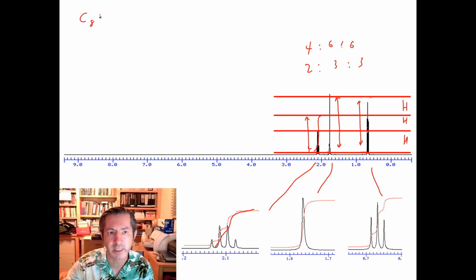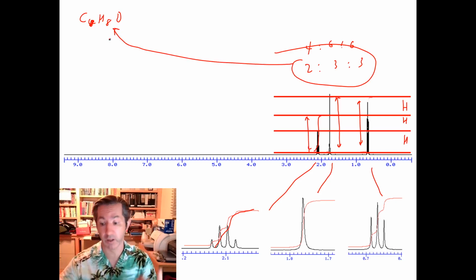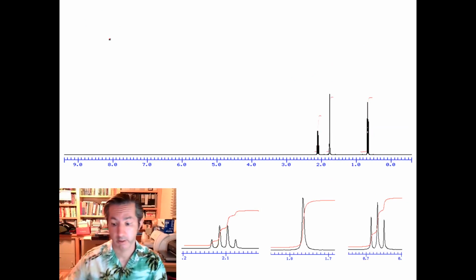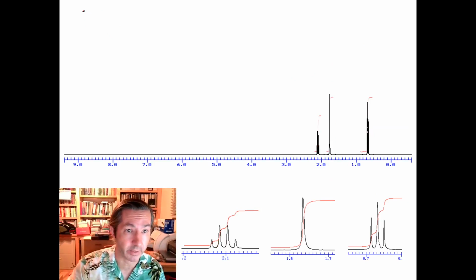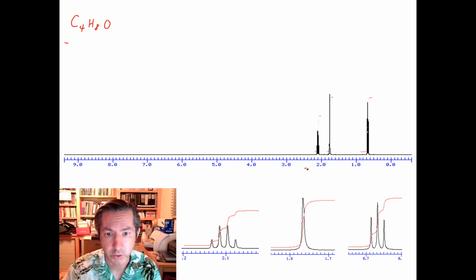However, we know we have C4H8O. 2 plus 3 plus 3 gives us our 8. So we're going to stick with that as our integration value there. So now we can start putting this guy together. Here's how we'll do it with the splitting. C4H8O. And what this is telling us, we have 2 hydrogens here on our quartet.